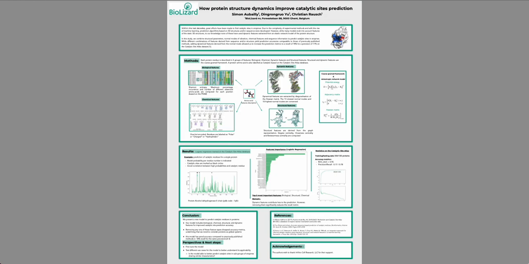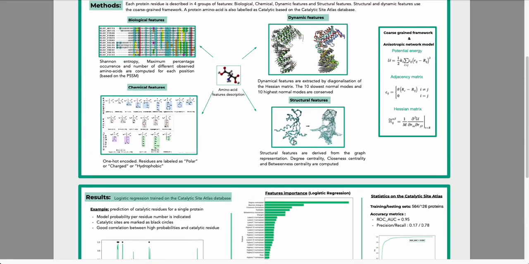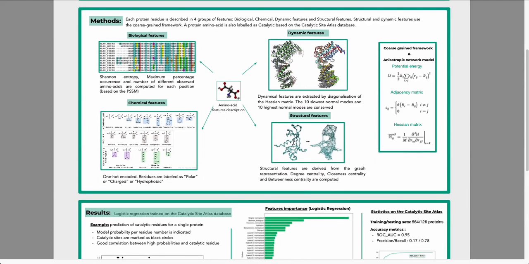In the method section, I will present how we describe each feature. Then I will present the results and conclude. So for the method, as we can see, each protein residue is described in 4 groups of features: biological, chemical, dynamic, and structural features.